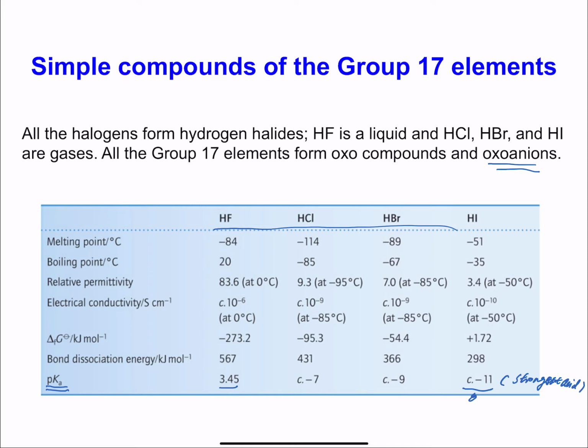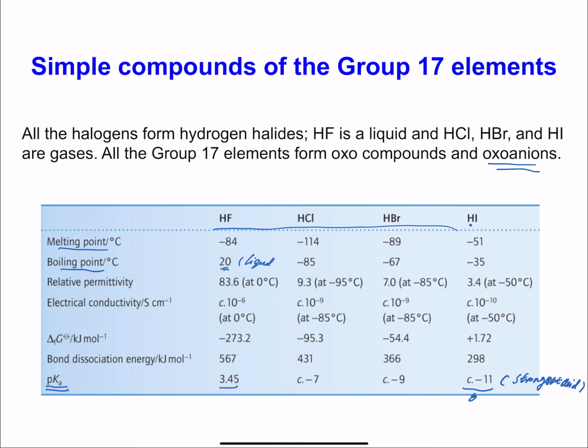If you remember the definition of pKa, when you have a smaller value, that means it's a stronger acid. In this case, HI is the strongest acid in this row, the strongest acidity. Then hydrogen fluoride is the weakest acid in this series.